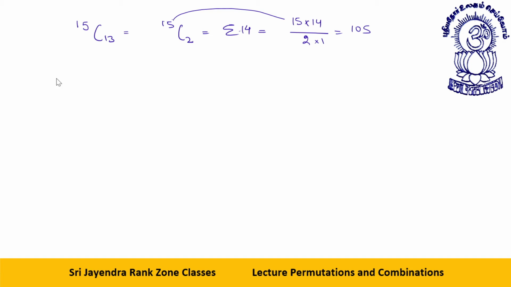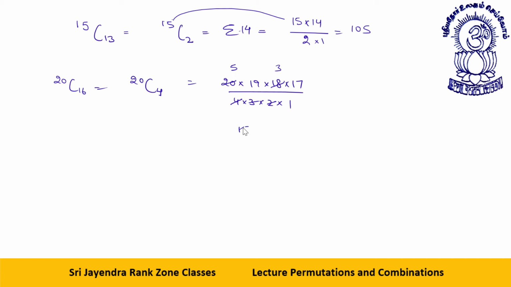Am I clear? Suppose somebody says 20C16, what I need to find is 20C4. These will be the same, and it will be 20 into 19 into 18 into 17 divided by 4 into 3 into 2 into 1. So 3 into 2 is 6, this will give you a 3. This is 5.